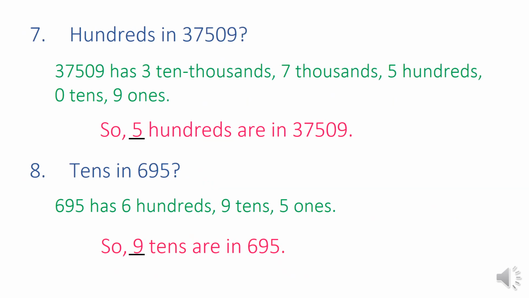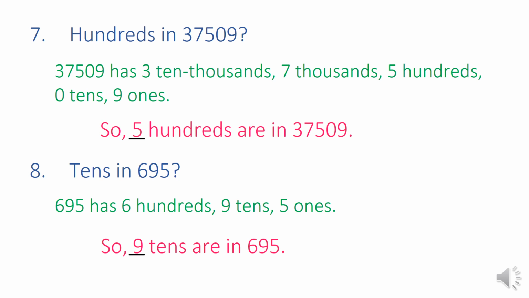Our seventh question is how many hundreds are in 37,509. 37,509 has 3 ten thousands, 7 thousands, 5 hundreds, 0 tens, and 9 ones.